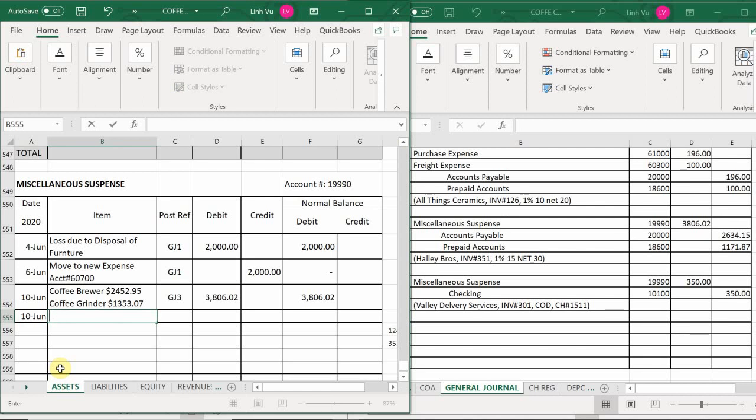In this case, I'm going to say this is shipping cost for brewer and grinder. And it's going to be split 50%.